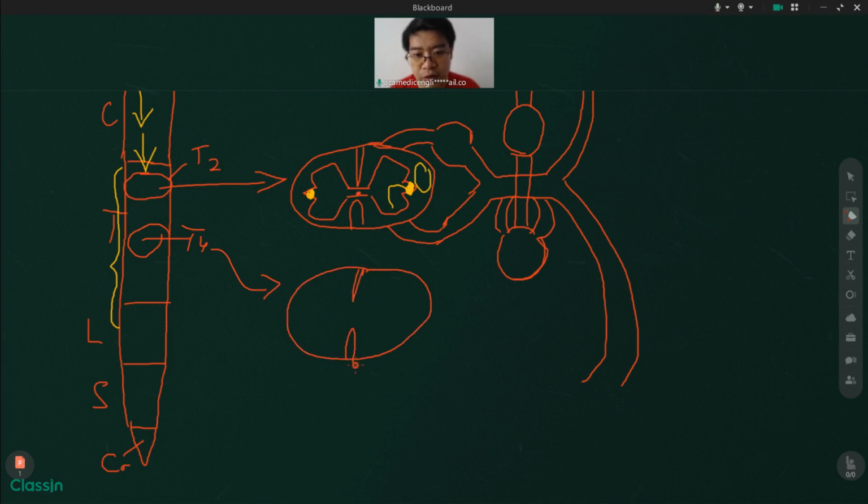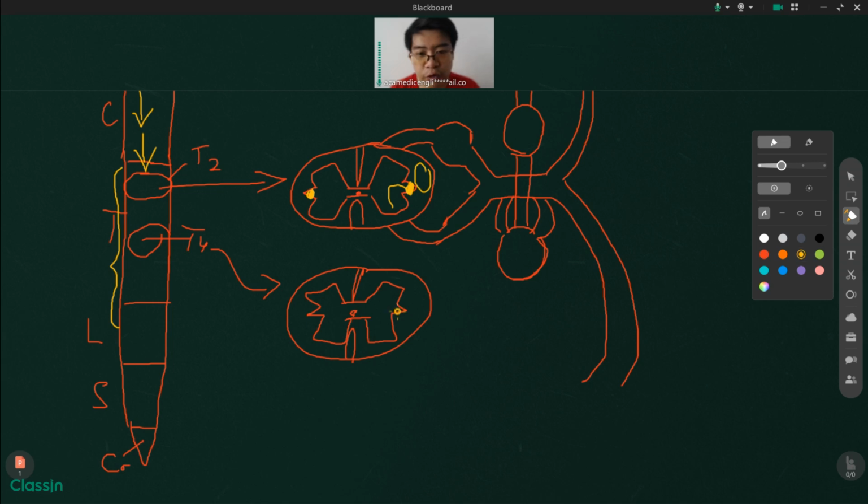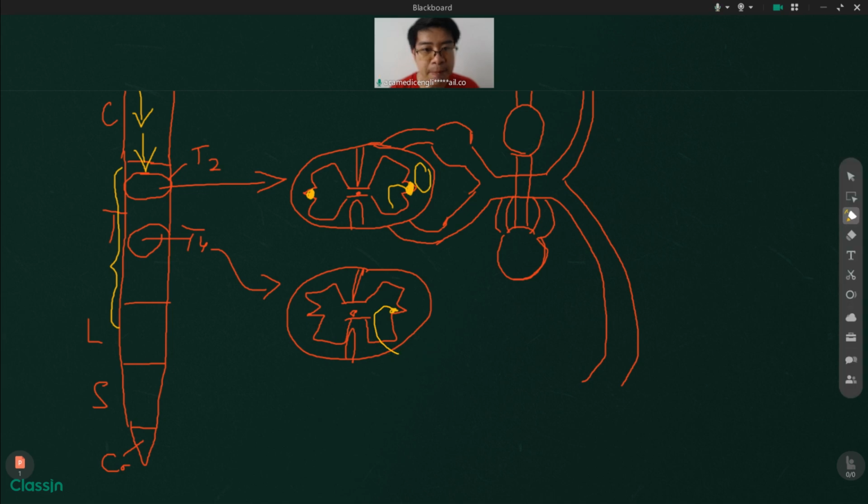This one, sulcus, fissure. And then you have gray matter, lateral horn, like that. And then after that, you will also have the preganglionic neuron going out through there. And then you have the dorsal root or posterior root, anterior root, and then you have the spinal nerve.